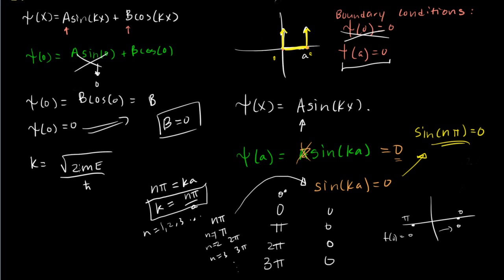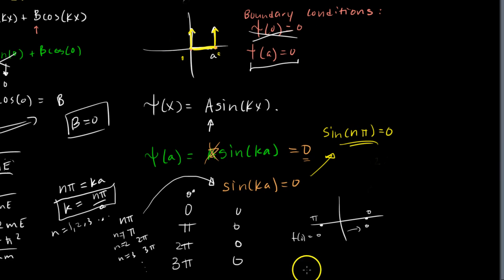Let's solve for E, the energy of the system. Let's multiply by h bar on both sides. k h bar is equal to the square root of 2mE. Let's square both sides. k squared h bar squared is equal to 2mE. Divide both sides, and we get E is equal to k squared h bar squared over 2m.